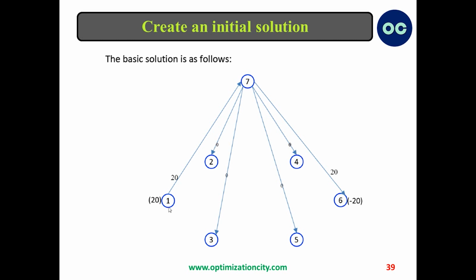There is an arc from 1 to 7 and 5 arcs from 7 to 2, 3, 5, 4, and 6 with the cost of 1 and no capacity.